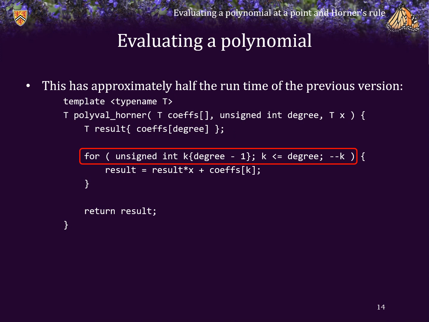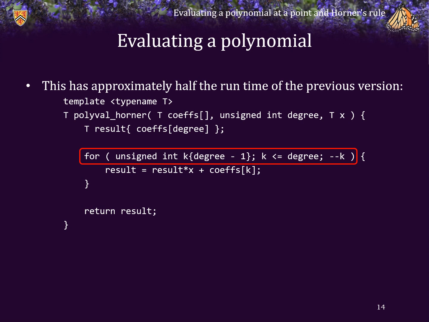We have a for loop, but the halting condition looks a little bit bizarre. We will start with k at degree minus 1, but look at the condition. While k is less than or equal to degree, we will perform the loop body and then decrement k.